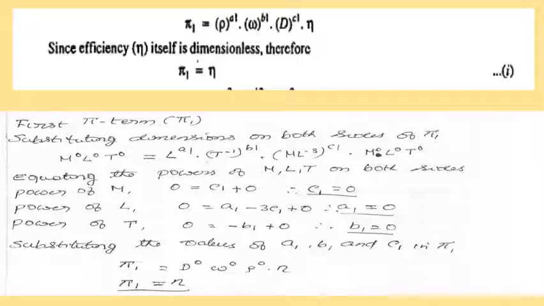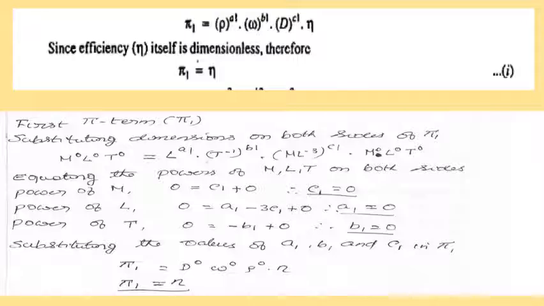For the left hand side, it is M^0 L^0 T^0. For the right hand side, diameter is L to the power a1, omega has the dimension T^-1 to the power b1, and the third one, density, is M L^-3 to the power c1, and efficiency, a dimensionless number, is M^0 L^0 T^0. Equating the powers of M, L, T on both sides now.